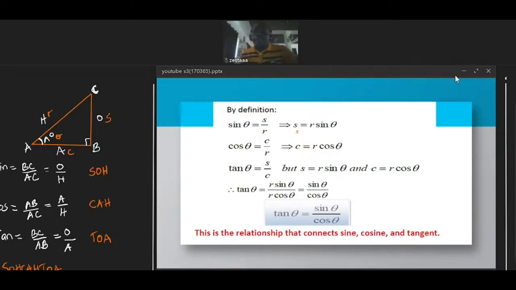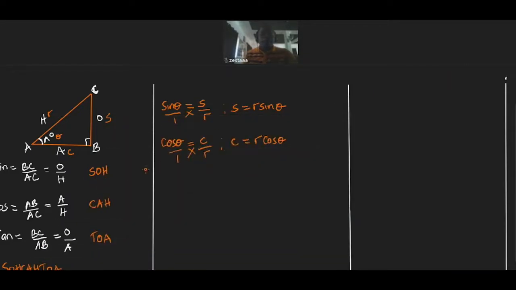Then for the tan, tan theta is the opposite out of the adjacent. But remember, this point S is our opposite, and point C we've already got from sine and cos, so we do a substitution.